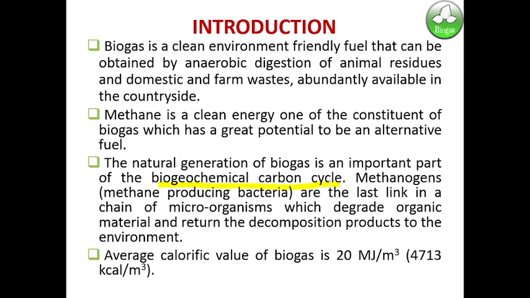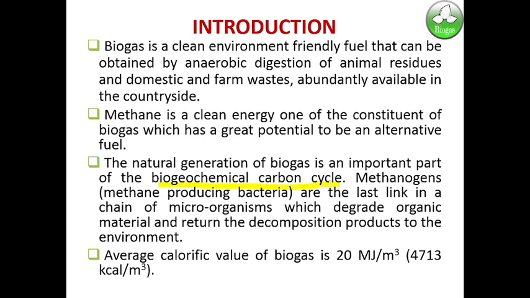So the average calorific value of biogas is 20 megajoule per meter cube. That means biogas has a higher calorific value. In the last class we discussed that every energy source or biomass has its own calorific value, that is, how much energy can be drawn from a unit amount or unit volume of the biomass.